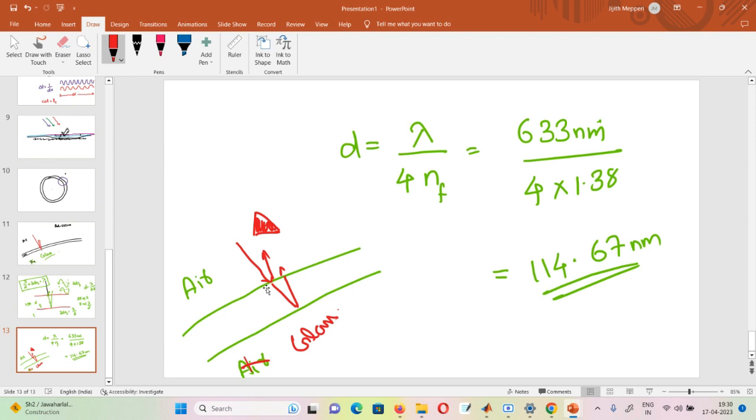Adding an extra 2 pi cannot give any extra effect, because 2 pi looks like a lambda path difference, or a zero path difference. Zero path difference, lambda, 2 lambda, 3 lambda, it does not have any extra effect.